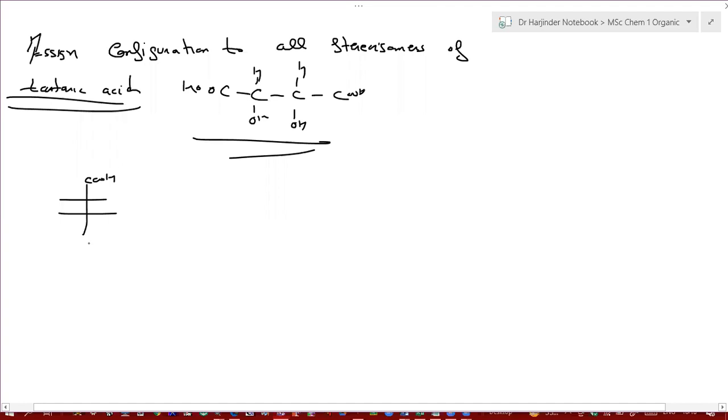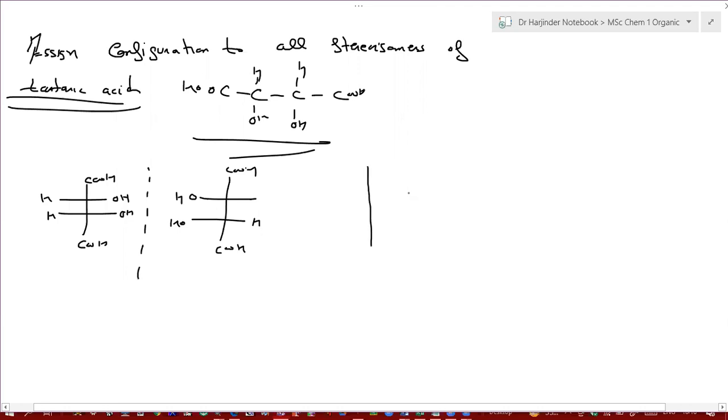So one stereoisomer will be this one. What will be another stereoisomer? Its mirror image. Total 4 will be formed. Third stereoisomer: you can change the configuration over either of the carbons.